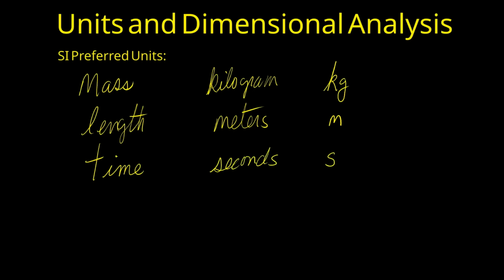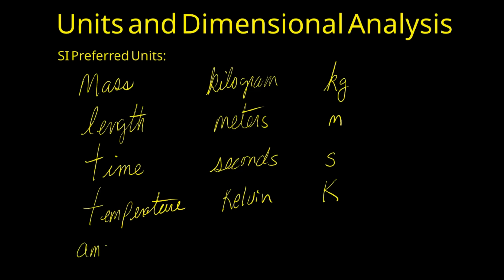We use a lowercase s. Temperature can be measured in Kelvin. This would be an uppercase K. And the amount of a substance is measured in moles, and we use mol.